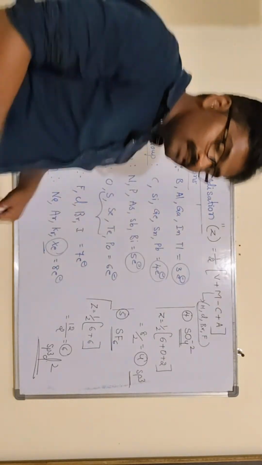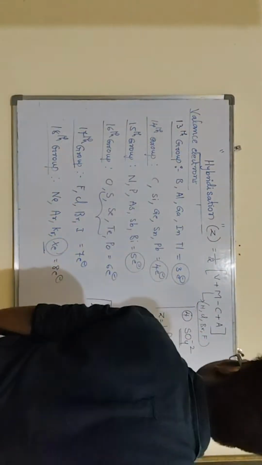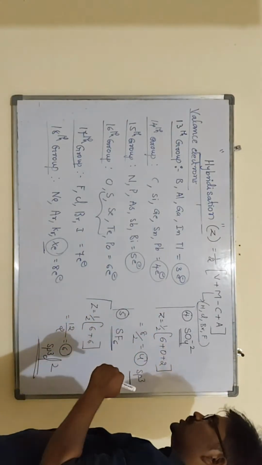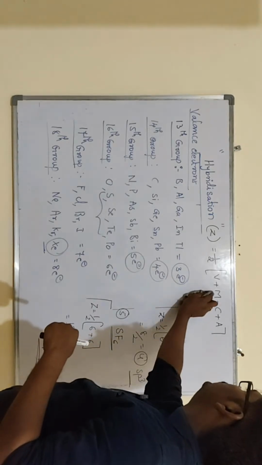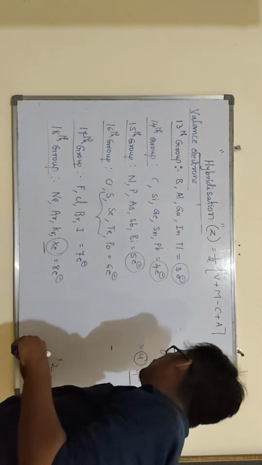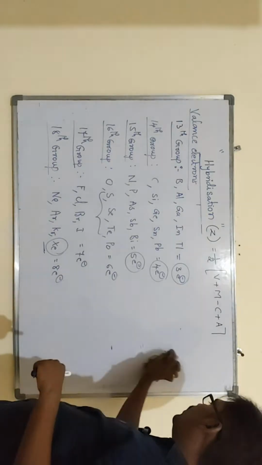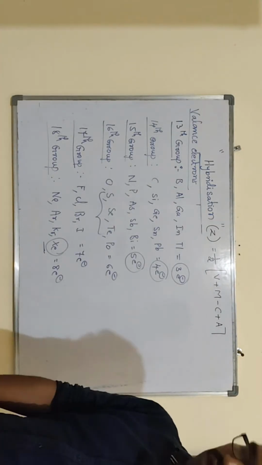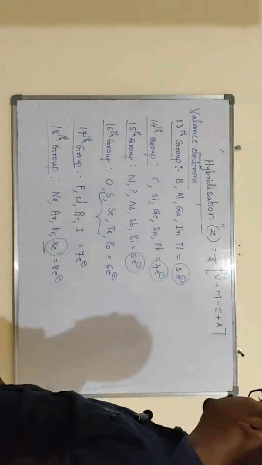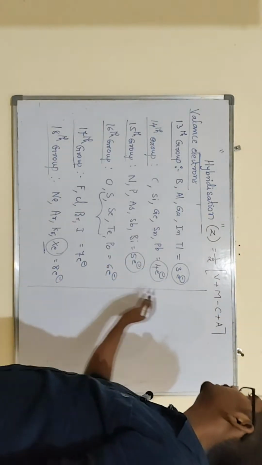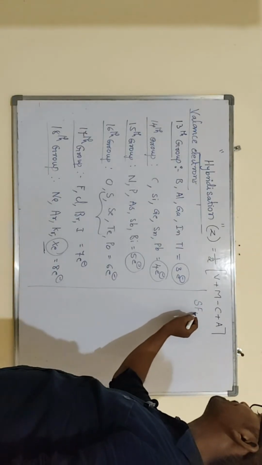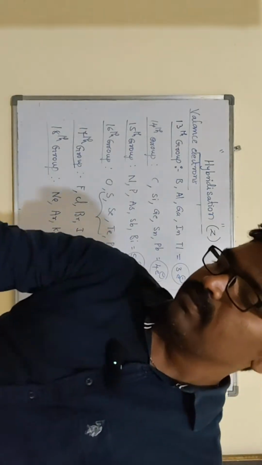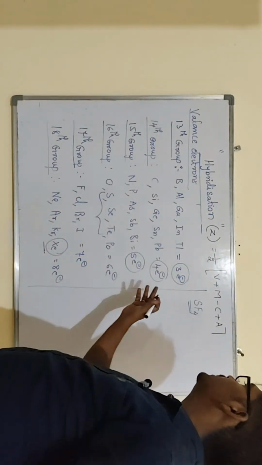If you know the valence electrons of the central atom, you can easily find not only the hybridization but also the number of lone pairs and bond pairs of electrons. For example, take SF4. What is the central atom?